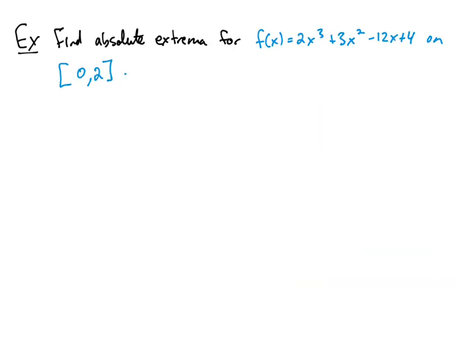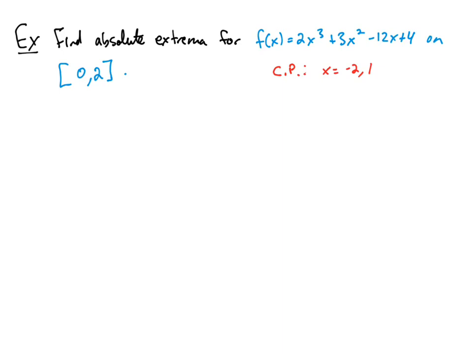So let's do another example, but this time, it's going to be the same function as what we just had, but this time the interval is going to be 0 to 2. So just like before, we want to find the critical points, and the critical points are going to be the exact same as what we just saw because the function is the same. So the critical points are going to be x is equal to negative 2 and positive 1.